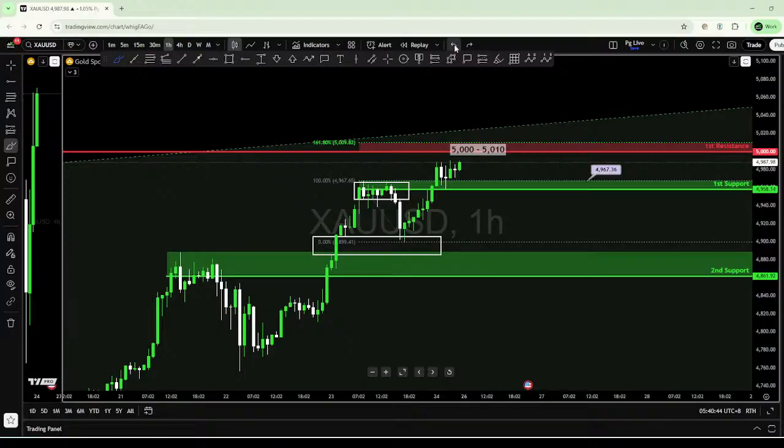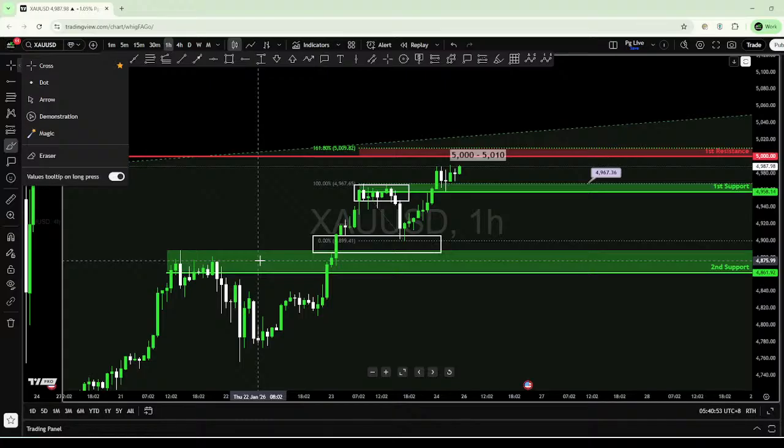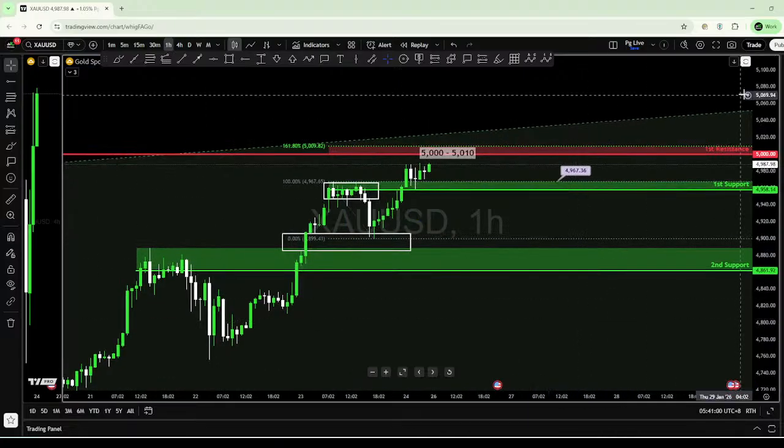Okay, so right now 5,000 to 5,010 is going to be our key resistance level for today. Okay, so I'm going to move to another pair if you guys don't have any questions.